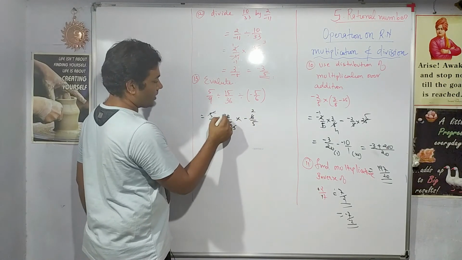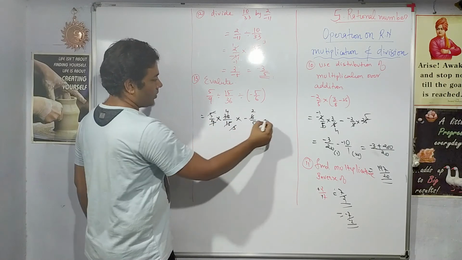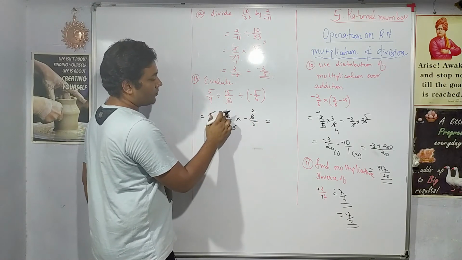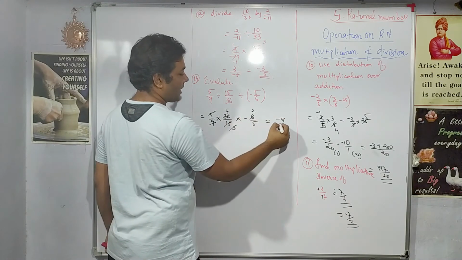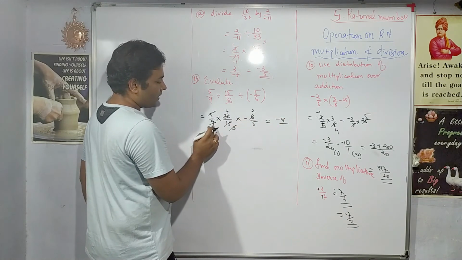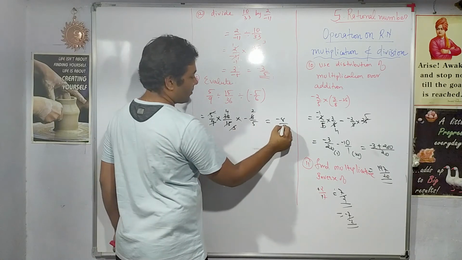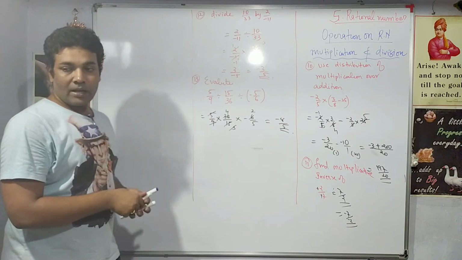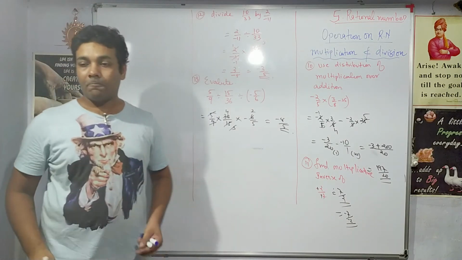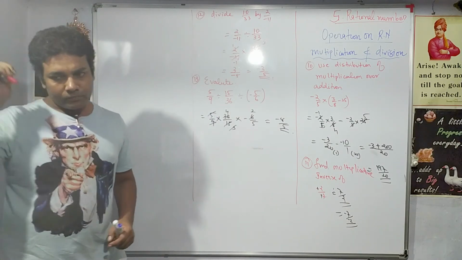Then 9 4s are 36. What remains in the numerator? 1 into 4 into minus 2, so minus 8. Please keep this minus sign in mind. Denominator 1 into 5, so 5. This is the answer of evaluate. Simple? Yes, very simple.